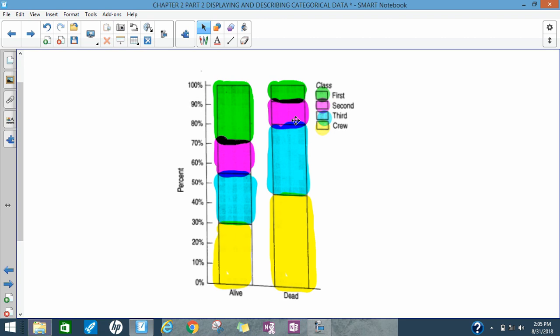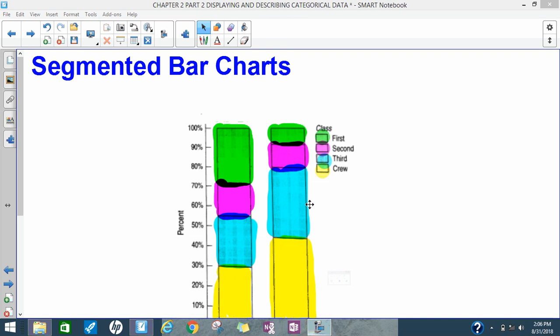And it's really easy to see that those distributions are not the same. You can see the difference between the different colored bars. So yellow and yellow are not the same, blue and blue are not the same, purple or pink, green and green. So you can see that there is some dependence here between your class and whether or not you survived the Titanic.